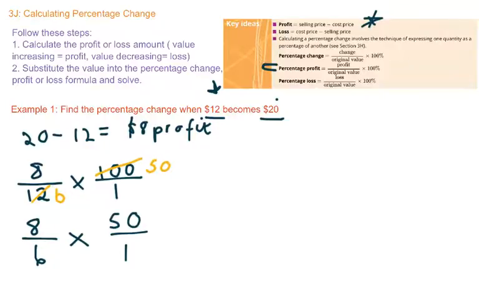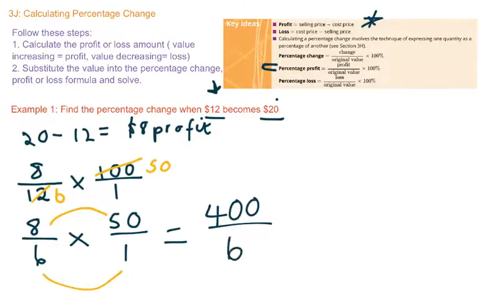Now, as I said in class today, I'm more than happy for you to use your calculator from here. So we need to times our numerators by our numerators, which becomes 8 times 50 into our calculator, which is 400, over, let's work out our denominators, 6 times 1, nice and easy, 6. Now when we get to here, we've got 400 over 6, which is the same as saying 400 divided by 6. So we again can take out our calculator and write 400 divided by 6.